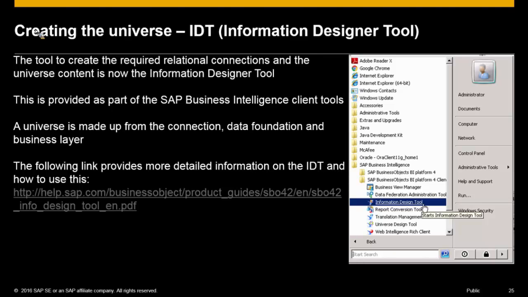Now, from within here, you'll see that your universe is made up of different parts. You'll have to set up the connection first, then you'll set up your data foundation and business layers, and I've provided a link here to the Information Designer tool PDF, the documentation for that, just to give you a bit more information.